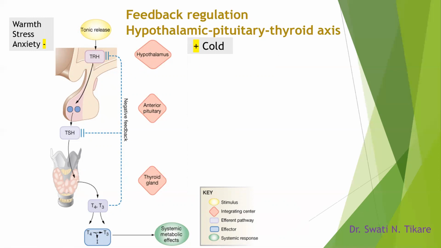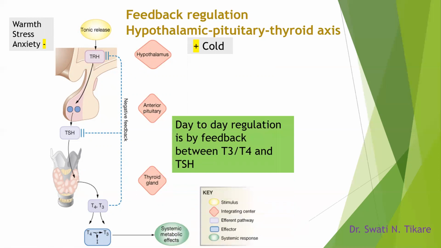So this is a very simple mechanism by which the release of thyroid hormones is regulated. In addition, the day-to-day feedback regulation of T3, T4 hormones occurs between T3, T4 and TSH. Only in exceptional conditions is this long pathway involved. Otherwise, it is the short loop mechanism, which is more important for day-to-day regulation of T3 and T4 hormones.